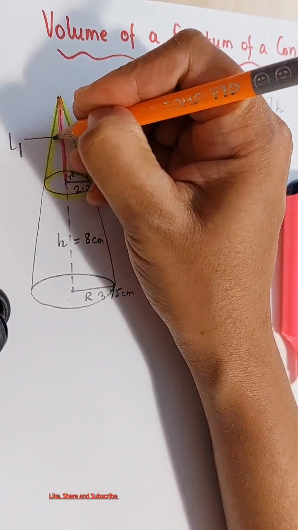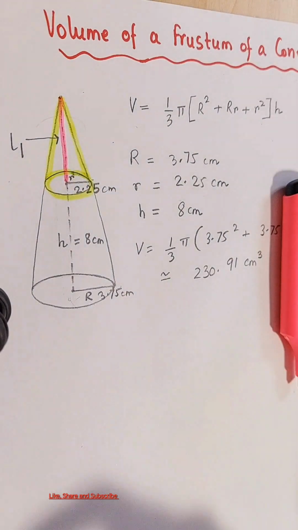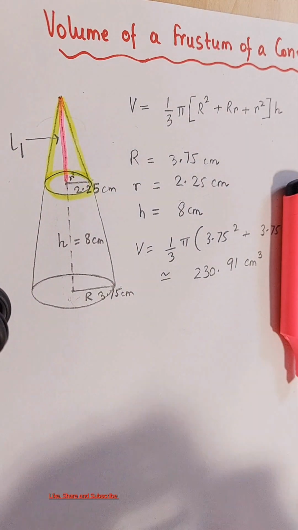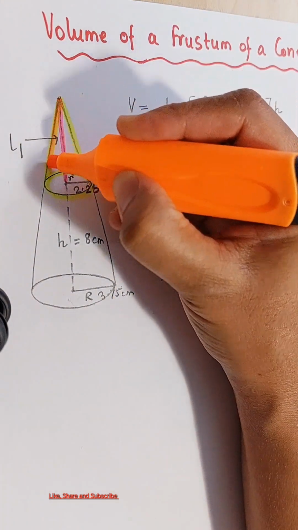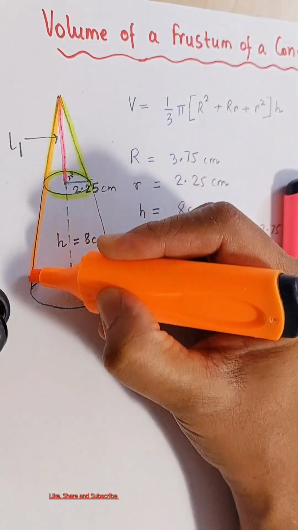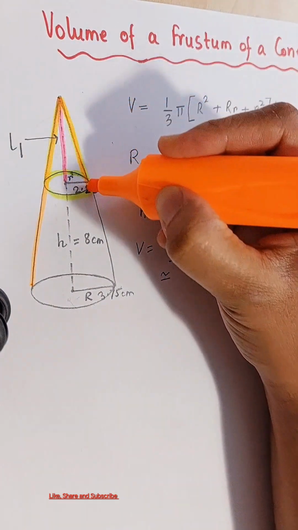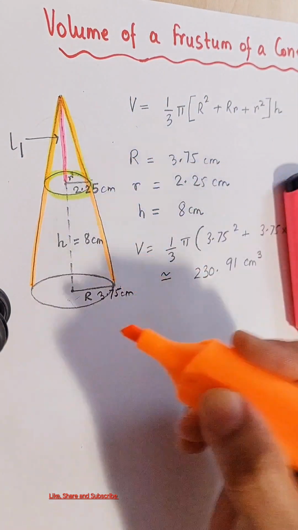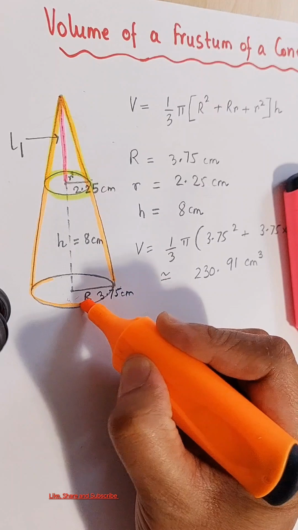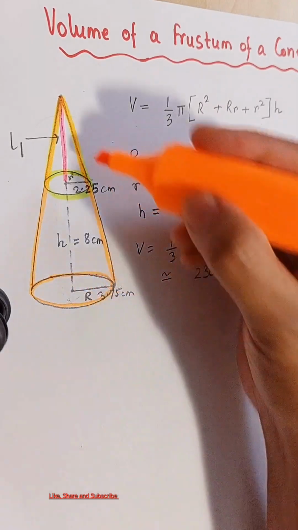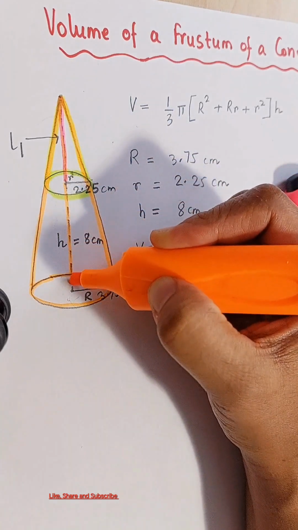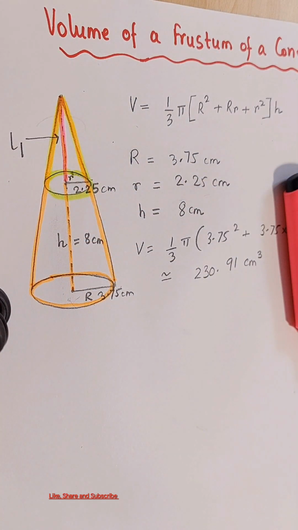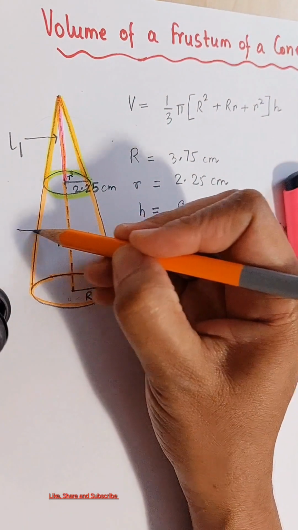So that's L1. And now let's draw the bigger cone. So this is the bigger cone, and that's the height of the bigger cone. Let's assume that is L2.